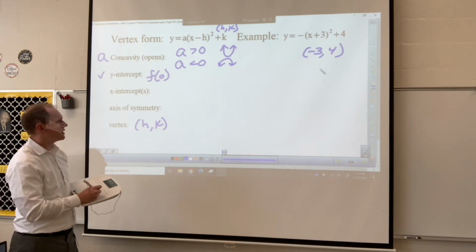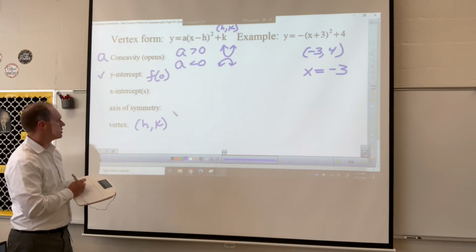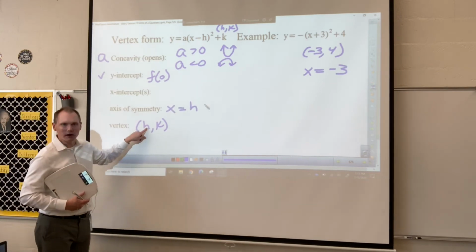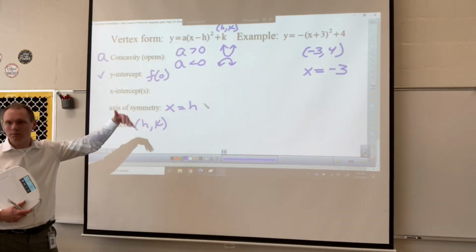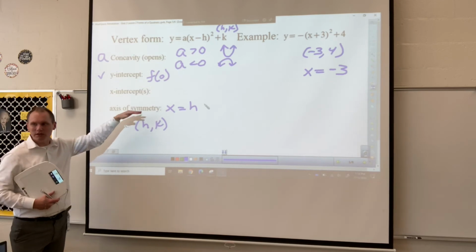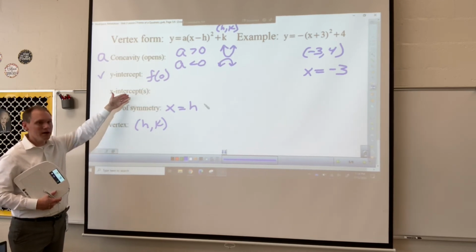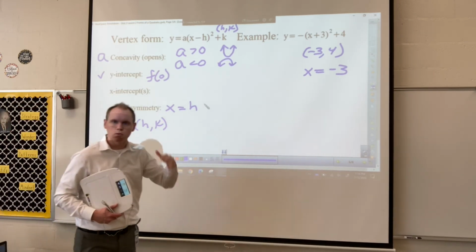So in this case, it would be x equals negative 3. In general, it's x equals whatever the h value is here, right? It becomes that. So we can tell quite a bit from vertex form. The one thing that's probably hardest to get is the x-intercepts from that. There is a way, but it can be challenging at times. So we'll hold off on that for now.